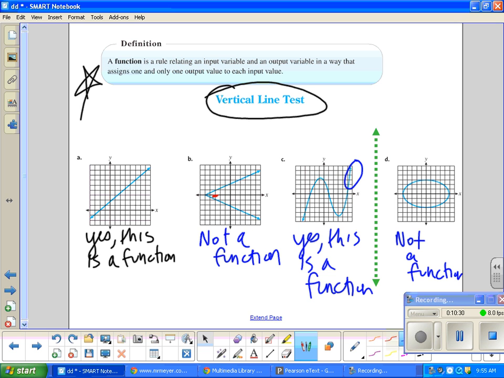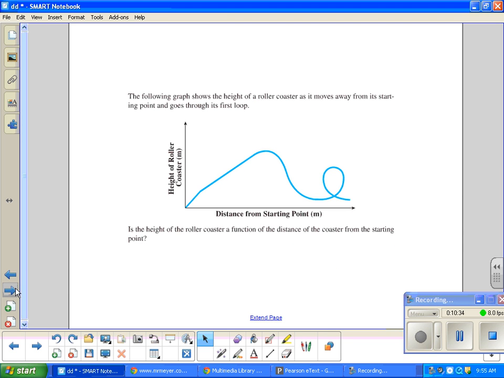You could possibly see word problems that are asking you to analyze a graph and decide whether or not it's a function. This graph is analyzing the height of a roller coaster in relationship to the distance from the starting point. If I run my vertical line along this, it starts to pass the vertical line test until I get to this area right here, where it would hit my vertical line more than once.